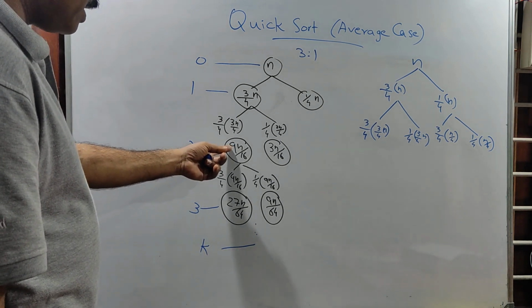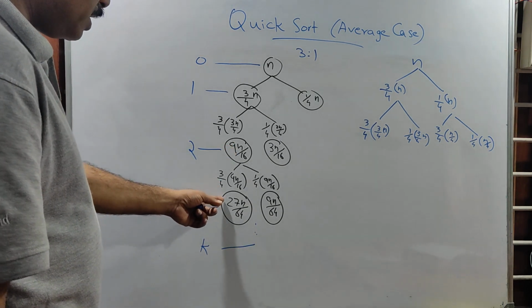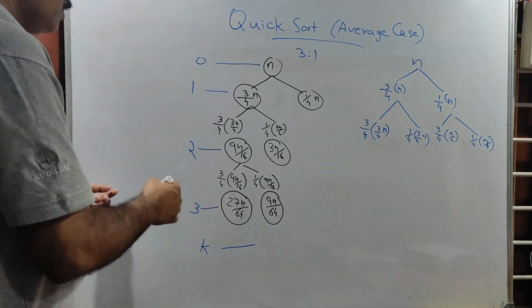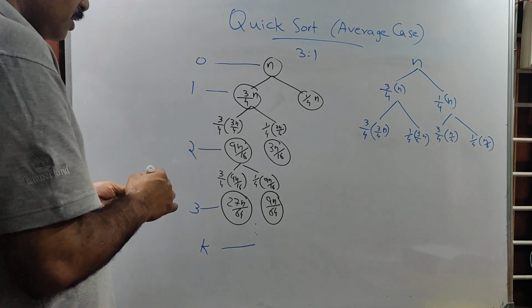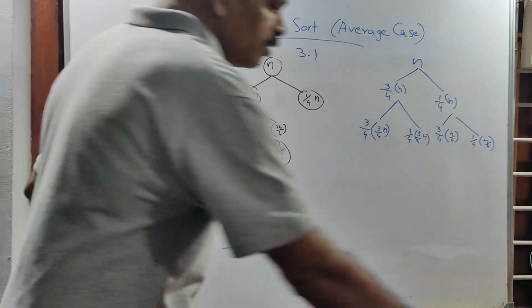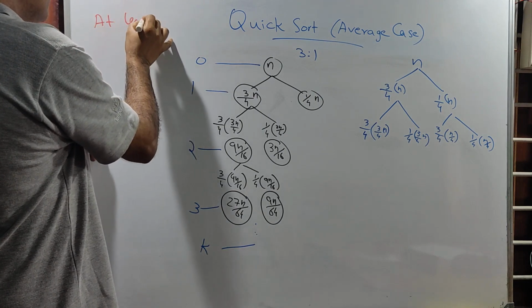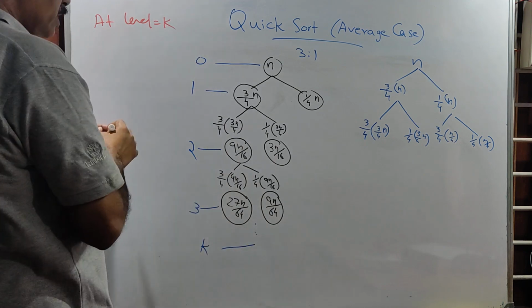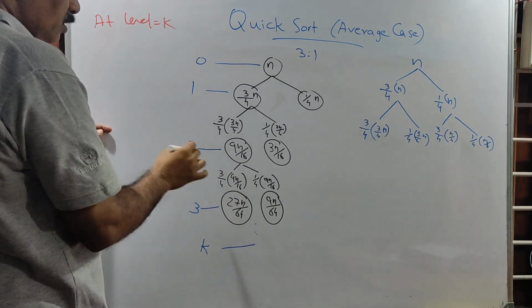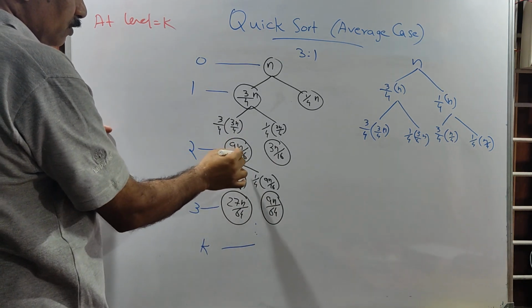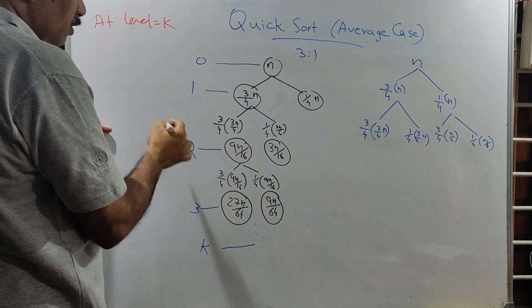At level 2 comes 9 by 16, at level 3 comes 27 by 64. So in general, at level equal to K, 9 is 3 raised to 2 and 16 is 4 raised to 2.